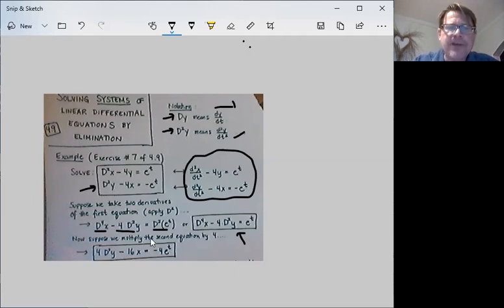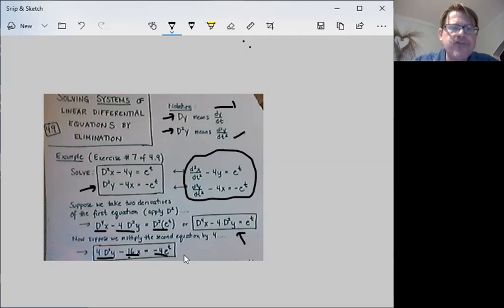So I'm going to multiply the second equation through by 4. When we multiply the first term, we'll get 4 times the second derivative of y. The second term gives minus 16 times x. And on the right-hand side, we'll have minus 4 times e to the t.